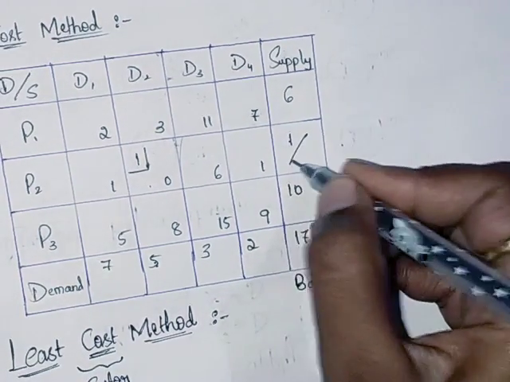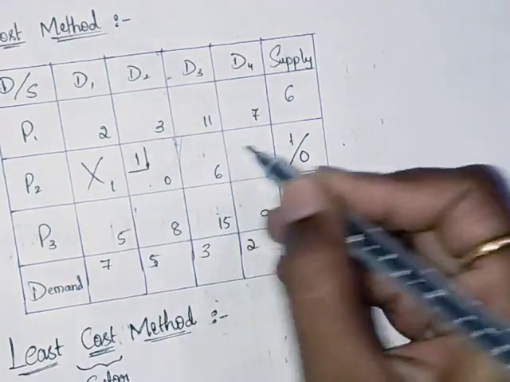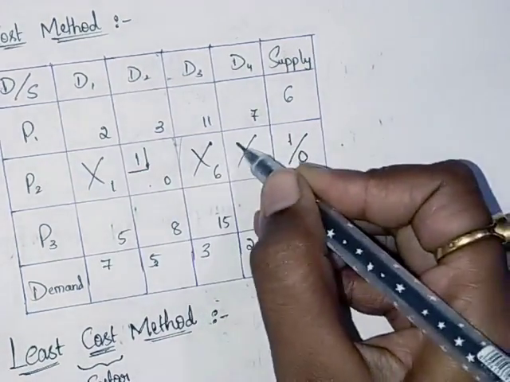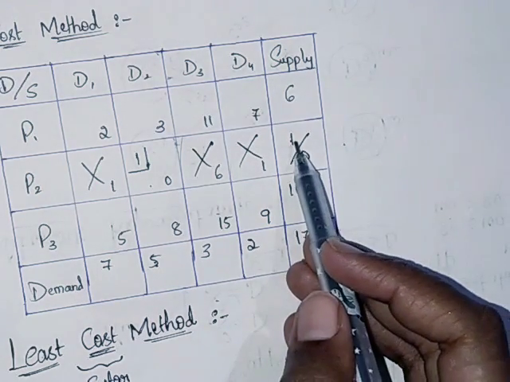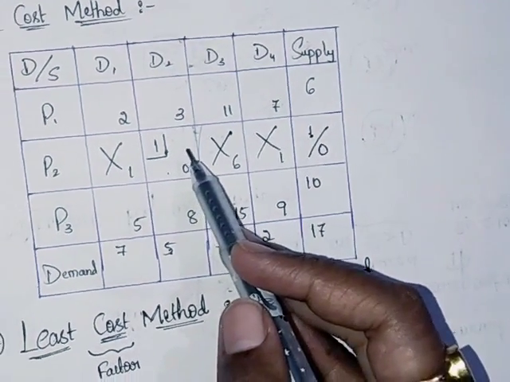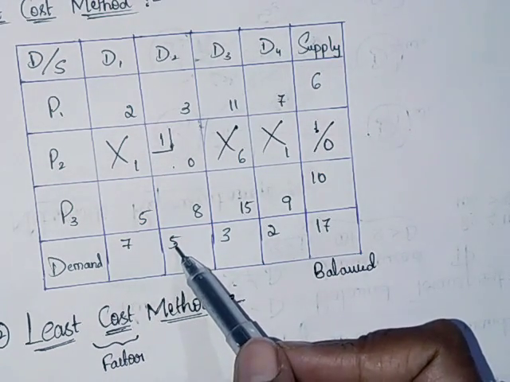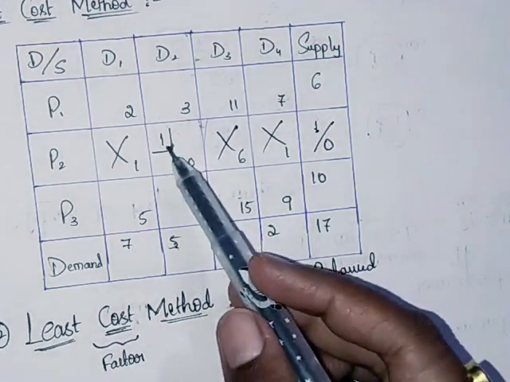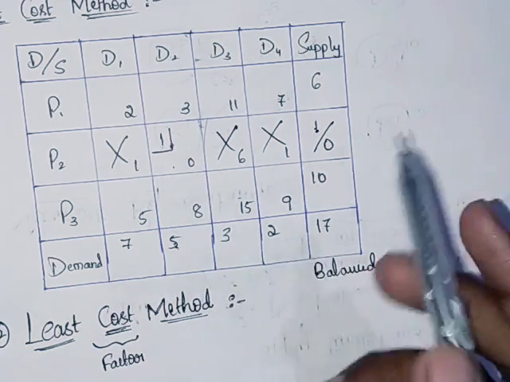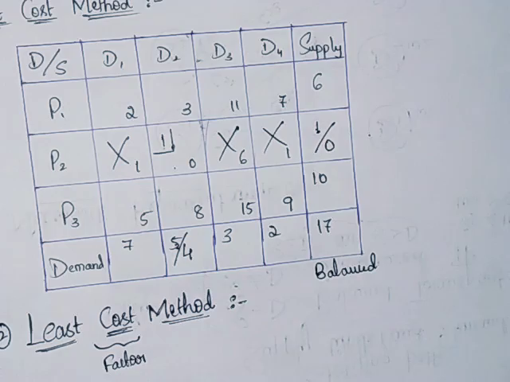So supply becomes 0, and I cannot allocate anything more to this complete row because there was only 1 supply unit and it is already allocated. Coming to the destination, the demand requirement is 5 units, and among them I have allocated 1 unit, so the remaining demand will be 4 units.